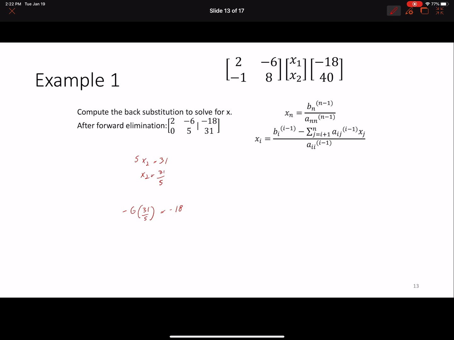So that's more like it. Now we take this number and put it on this side and then divide by the coefficient. It's exactly what this formula is saying here. So x1 will be minus 18 plus 6 times 31 over 5, divided by 2, which is this formula here.